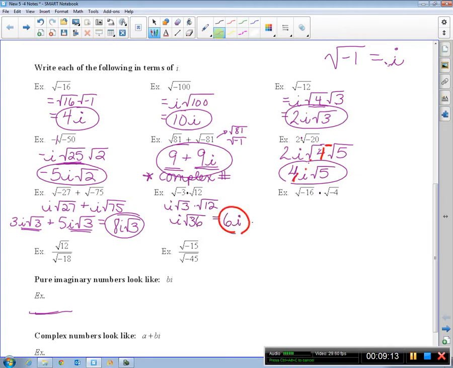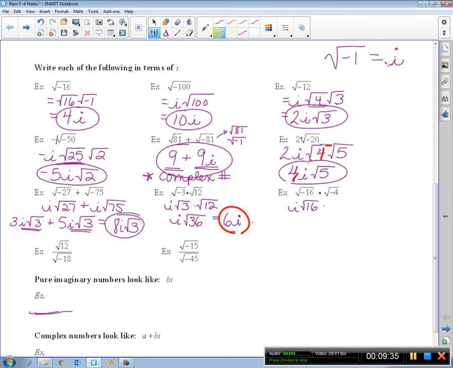Now, there's a few other ways to get 6i. You might have simplified the square root of 12. As long as you get 6i, you've done it correctly. Square root of negative 16 is i radical 16.